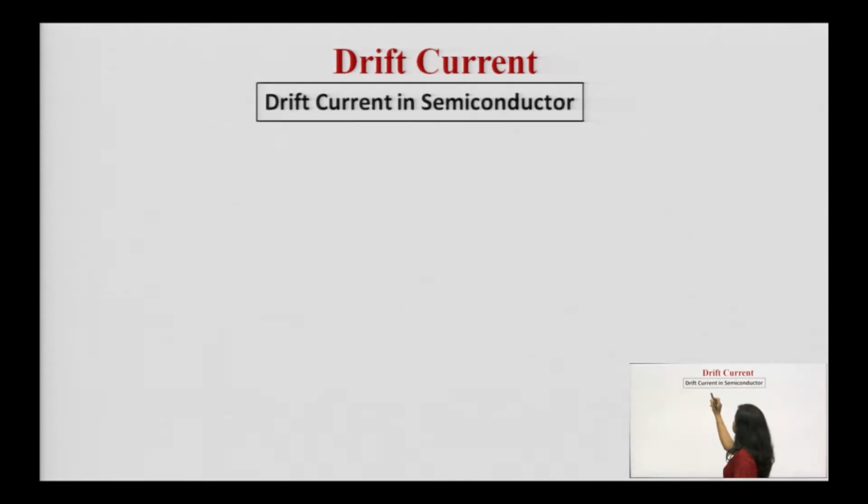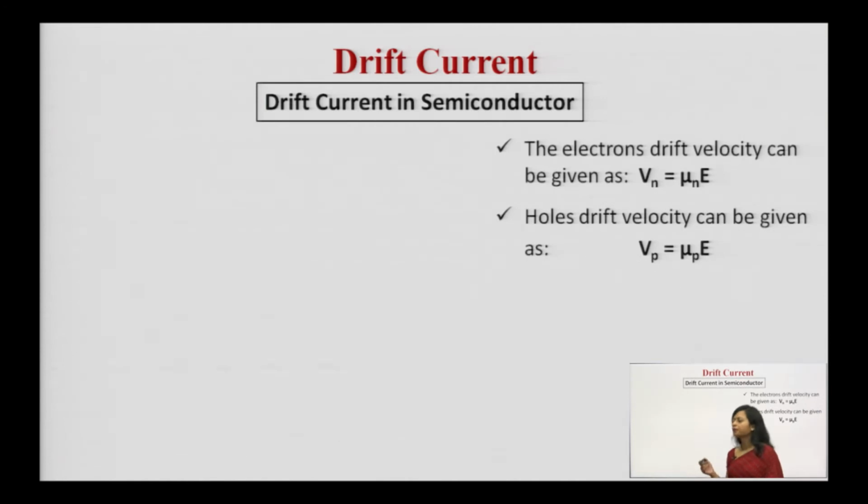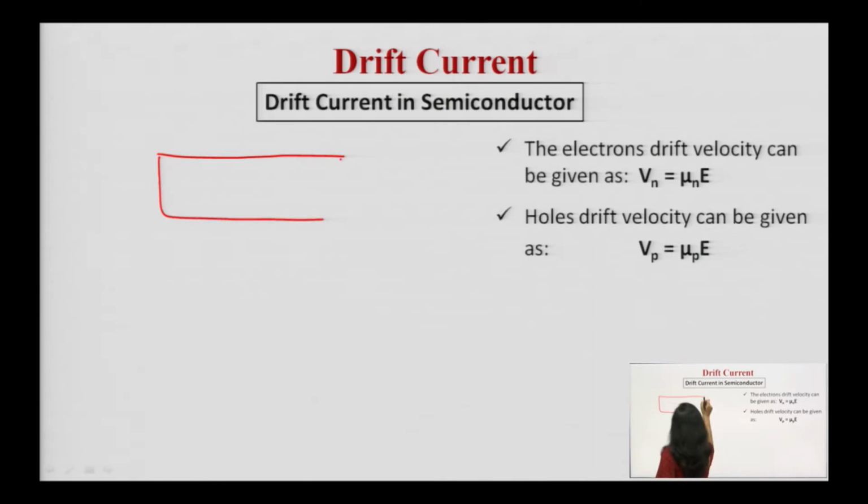Now let us understand what is drift current in a semiconductor. As I am saying again and again, in a semiconductor the charge carriers are electrons or holes. If you take a piece of semiconductor, there are certain electrons, and there must be some holes as well.